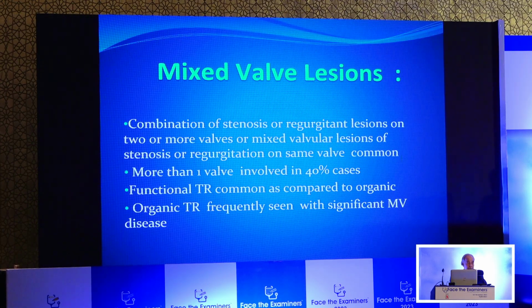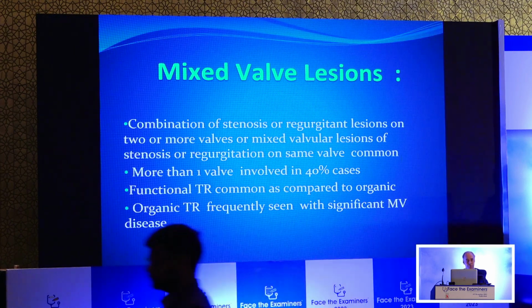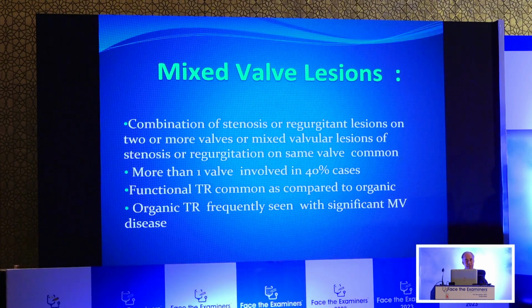It is not uncommon to see involvement of two valves in more than 40% of cases of rheumatic heart disease. Functional incompetence of the tricuspid valve is quite common as compared to organic tricuspid valve disease. What is also important to know is that when you see a patient with only one valve involvement versus two valve involvement, you will find that the incidence of tricuspid regurgitation increases if there is multivalvular disease.